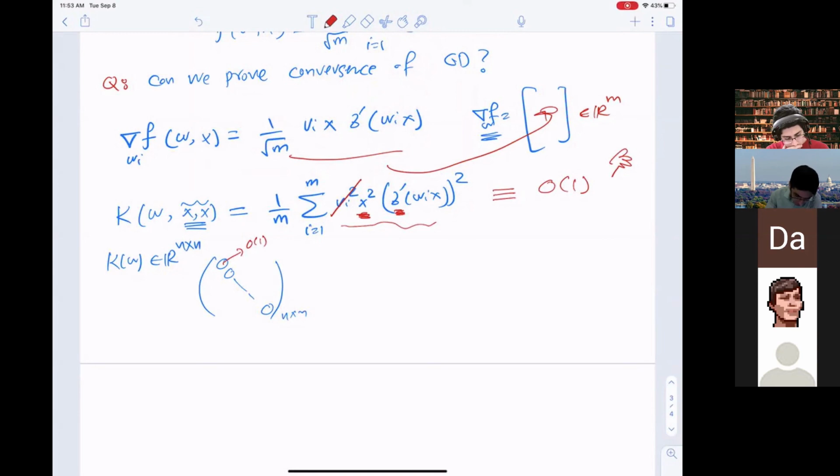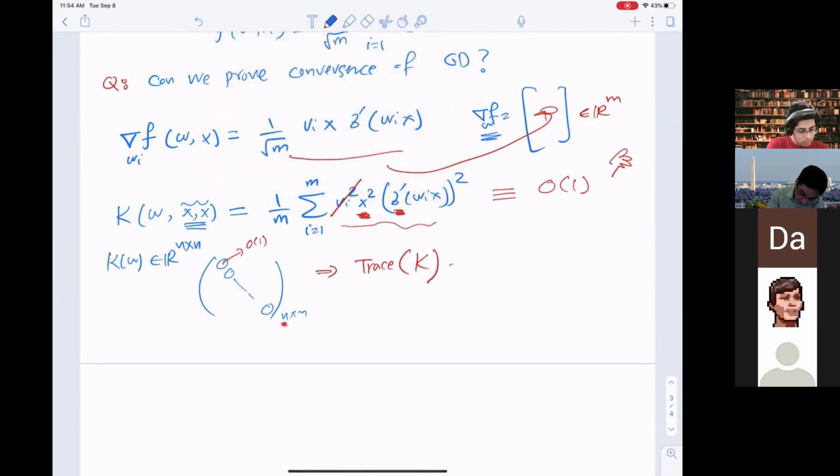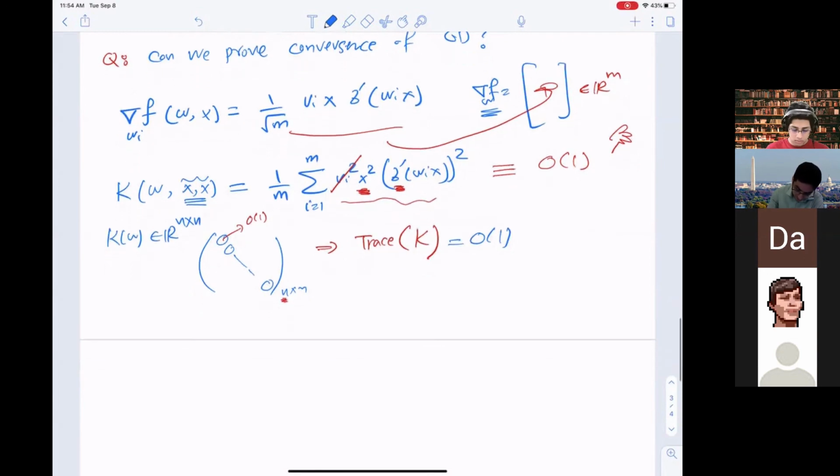If I look at the trace of this kernel, the trace will depend on n, but I don't care about n. The trace will be independent of my number of parameters, so it will be order 1. Here I just want to look at the dependence on the number of parameters, because that's something that I'm going to push to infinity in the over-parameterization.